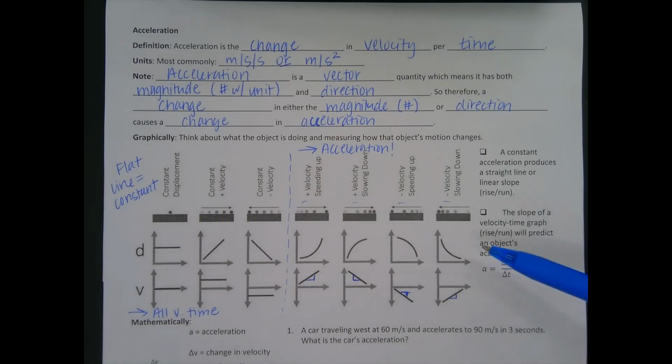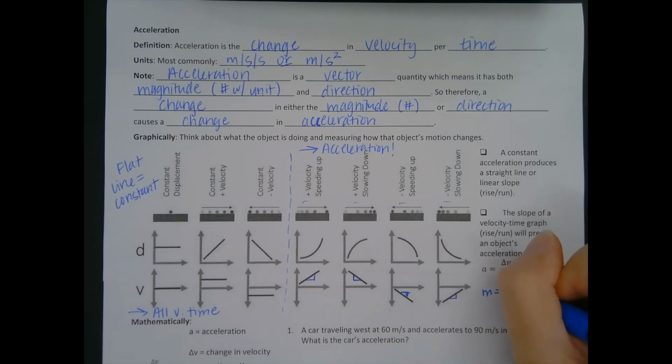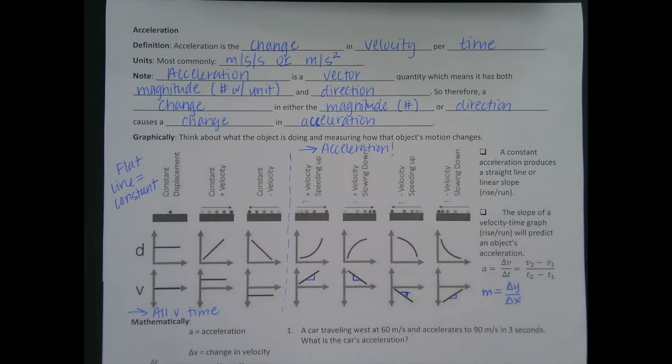And depending on the shape of the parabolic curve, it's telling us if we're slowing down or speeding up. And again, you can determine the acceleration as delta V over delta T, just like you would in a math class. So m being your slope is your delta Y over delta X. You can see the parallels there. You're solving for it the same way.